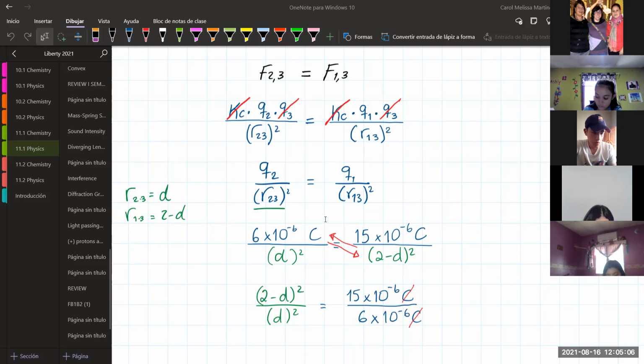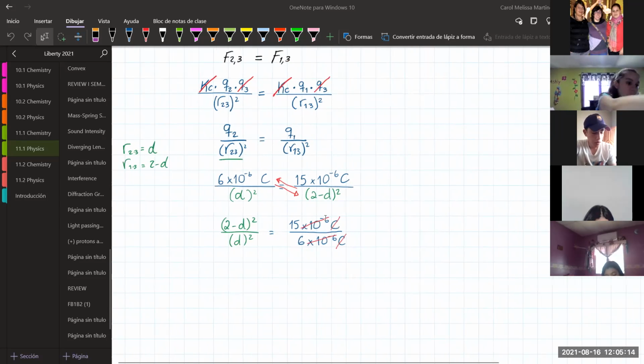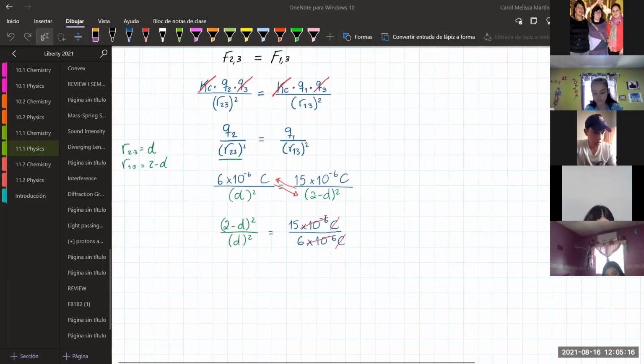I'm also going to cancel it because it is the same. Take a look. I'm making your life simpler, okay? So I say that 2 minus d squared over d squared is equal to 15 over 6.